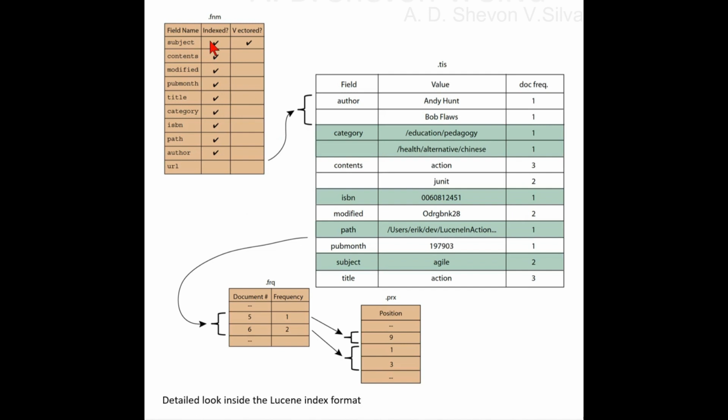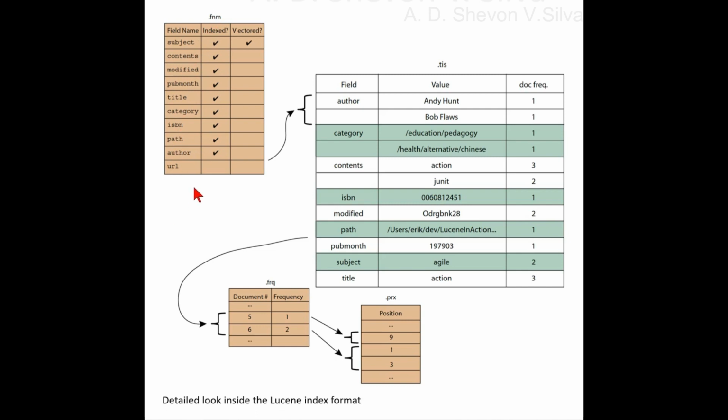Is it indexed? Does it have a term vector enabled? Does it store norms? Does it have payloads? The order of the field names in the .fnm file is determined during indexing and isn't necessarily alphabetical.